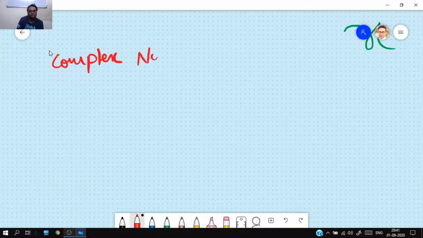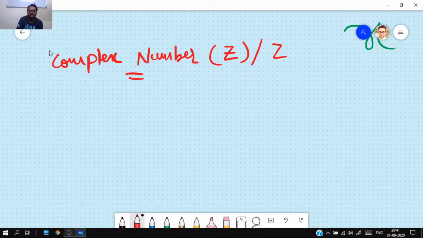A complex number is firstly denoted by capital Z. I write Z like this; you can also write Z another way, not an issue, but I follow this Z. And a complex number consists of a real part and an imaginary part. Z is equal to a plus ib.